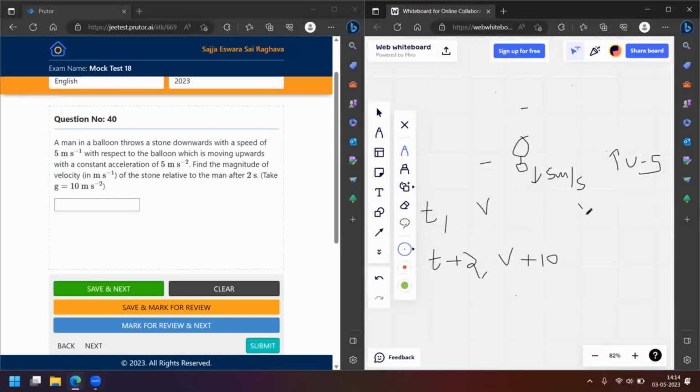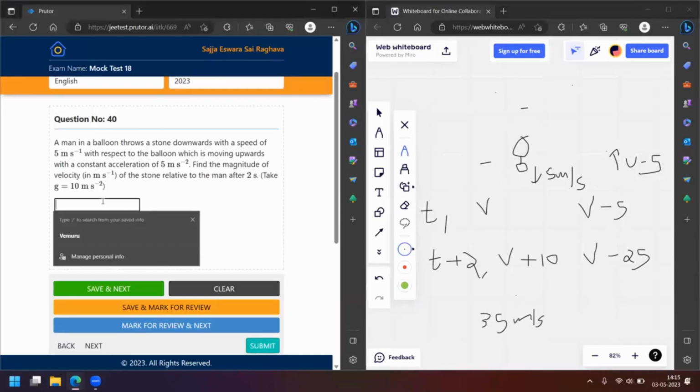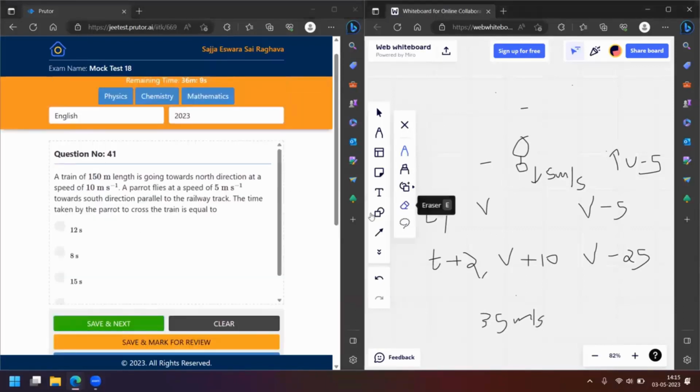Whereas the stone's velocity, which is initially v, will be decreased due to gravity, which acts on the downward side, as 25. So this is the velocity of the stone, and this is the velocity of the balloon. So the relative velocity is that the stone is moving with 85 meters per second downwards with respect to the balloon after that. So we go to the next question.